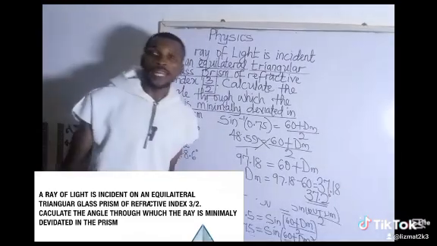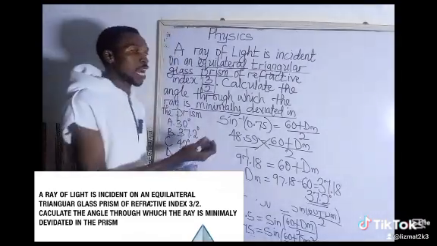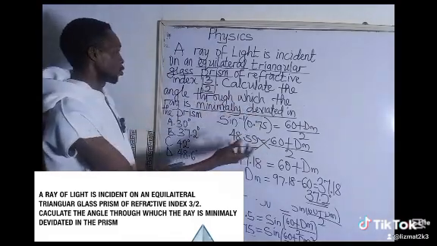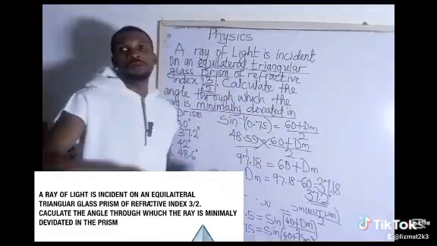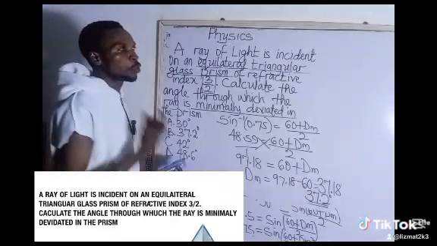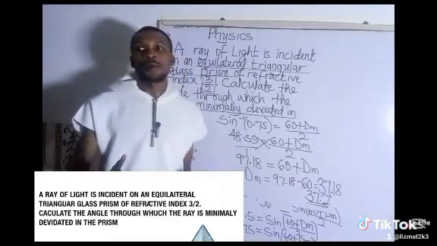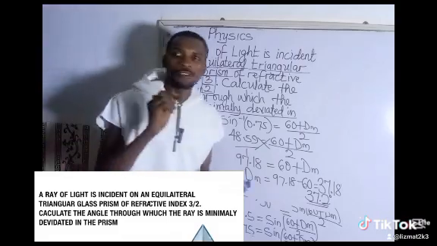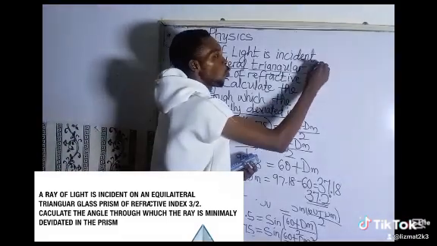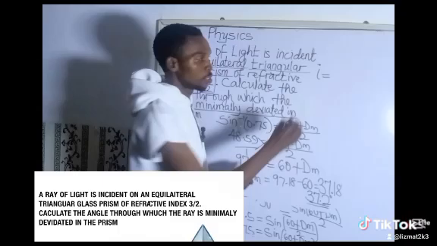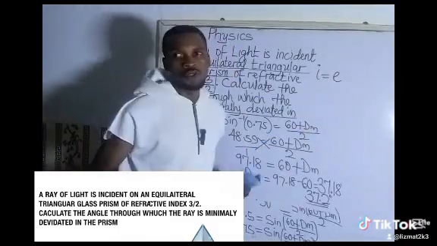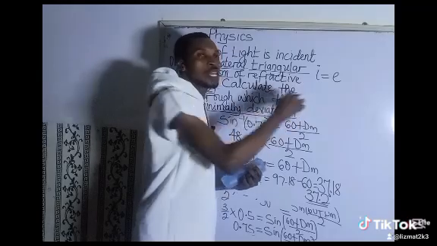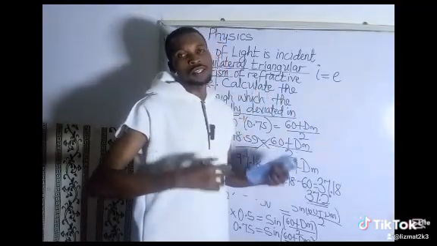So at the end of the video, we were able to calculate the angle of minimum deviation. Now, what are the other things you need to know about the angle of minimum deviation? The angle of minimum deviation only occurs when the angle of incidence is equal to the angle of emergence.